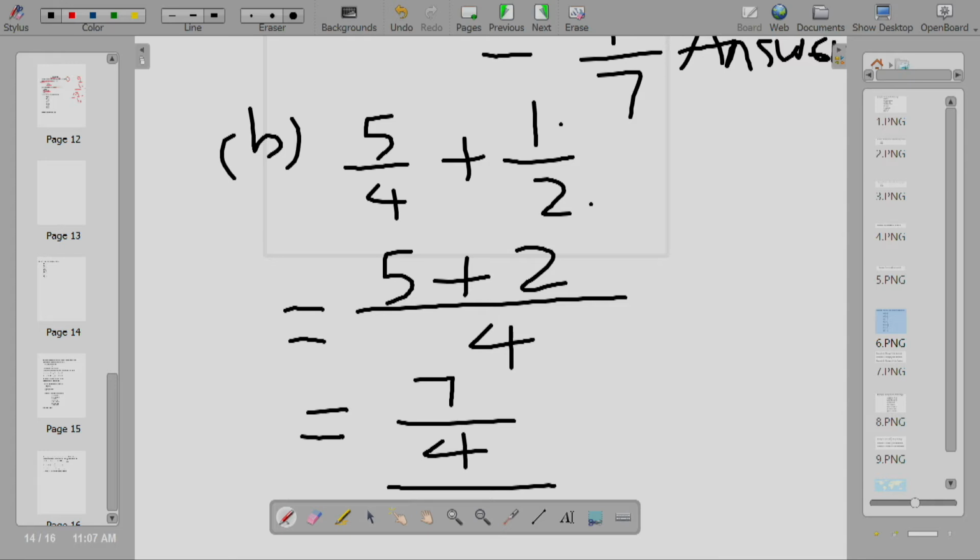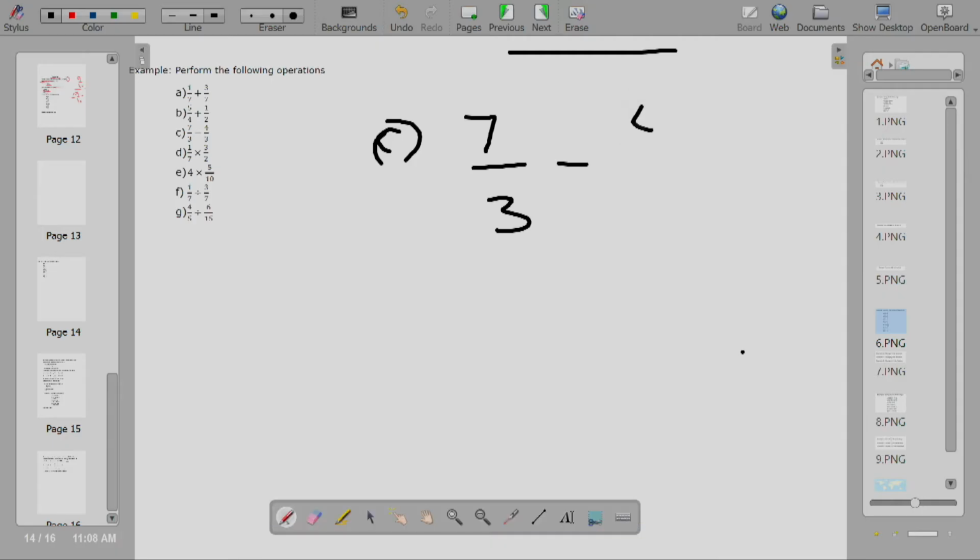Let's move to Roman C, where we are required to subtract 4 over 3 from 7 over 3.